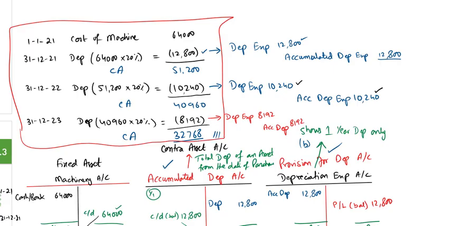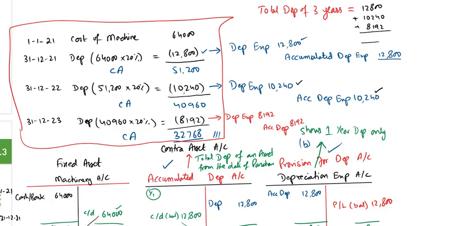So if I ask a question, what is the total depreciation of 3 years? Your answer should be, sir, 12,800 year 1 depreciation, add 10240, add 8192.